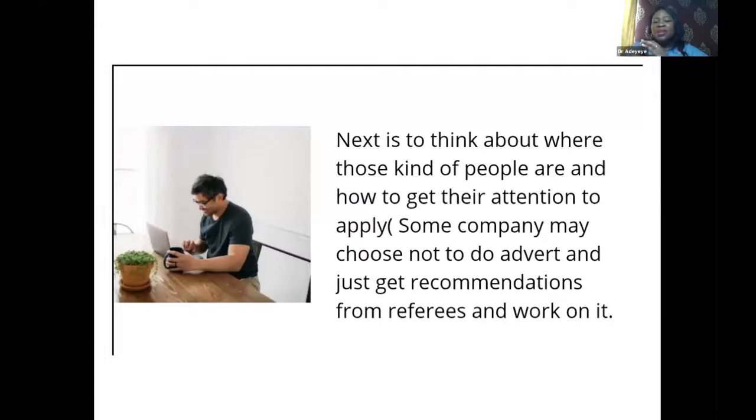All right. So another way to attract people to your business or to your vacancy, I've spoken about newspaper and radio. Another way is by placing advertorials on maybe billboards or village square or town square or city centers.